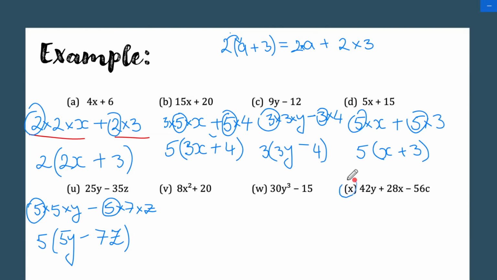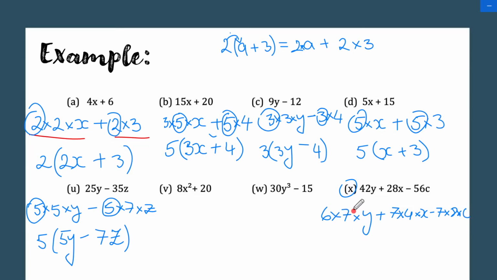Okay, there we go. And let's see, I'm going to skip all of this. I'm just going to look at this one. This looks like the more difficult one. Okay, so what do we do here? 42 is 6 times 7 times y, plus, and 28 is 7 times 4 times x, minus, and 56 is 7 times 8 times c.